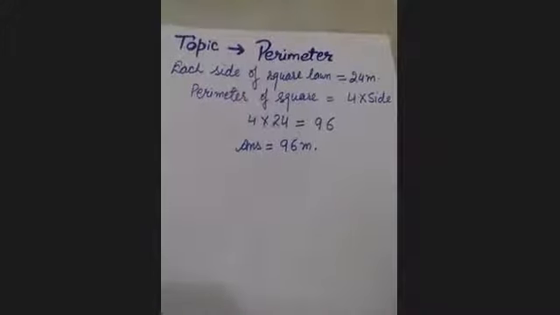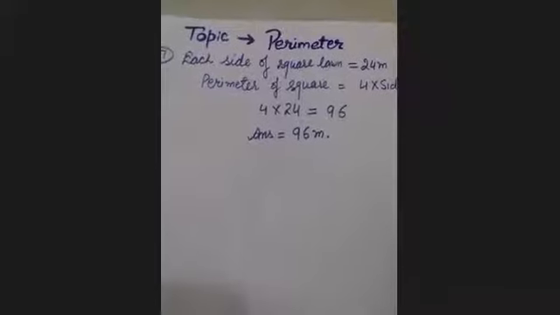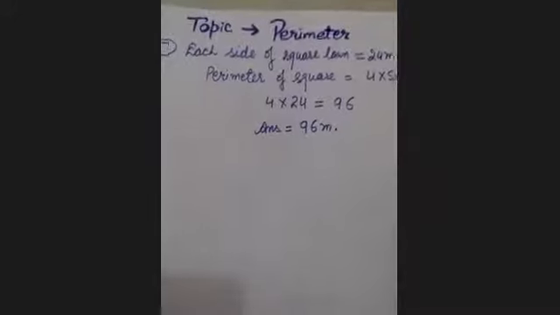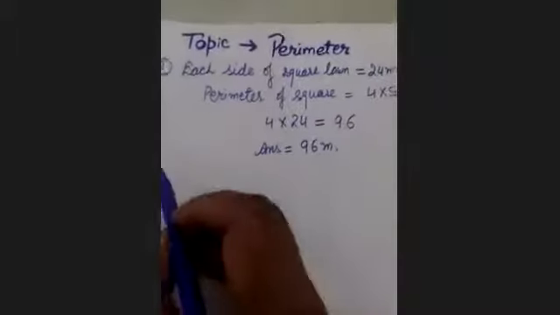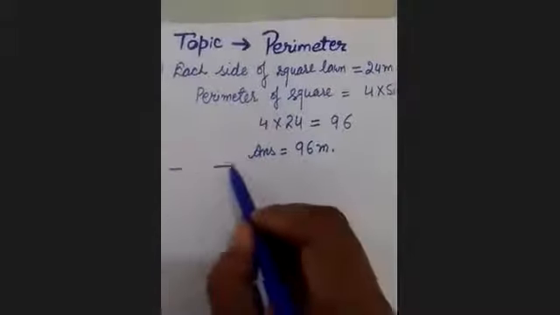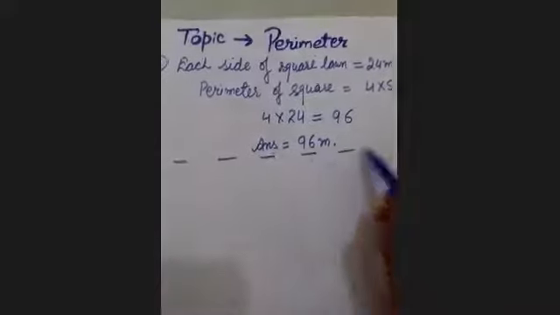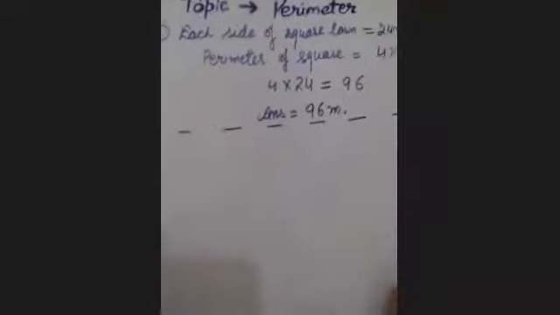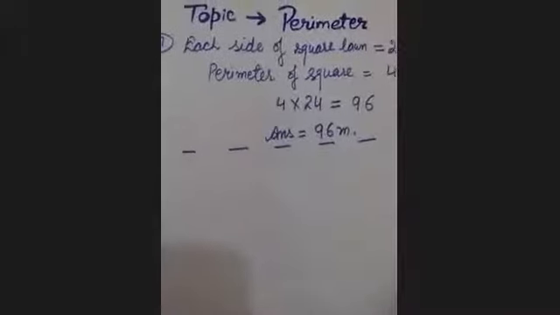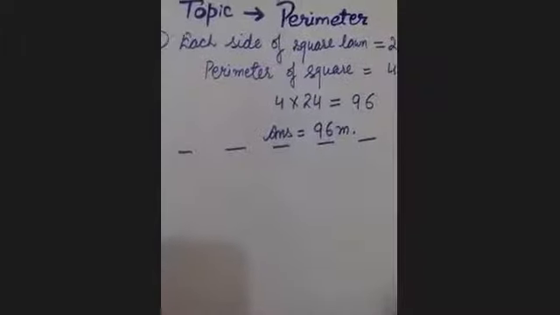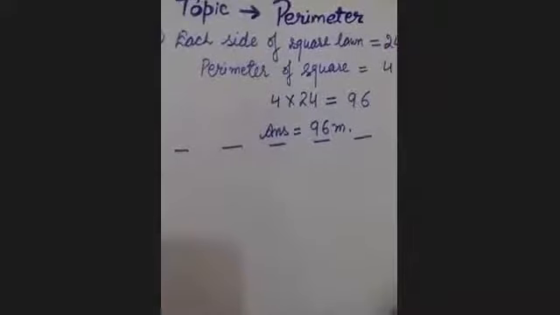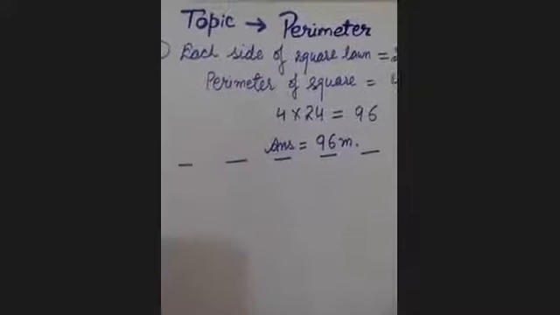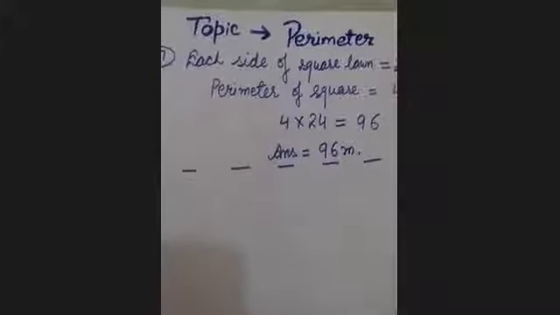Clear, students? Now, question number 8. In 8th question, the length and breadth of a rectangular park is 96 meter and 74 meter respectively. A boy runs 2 times around the park.